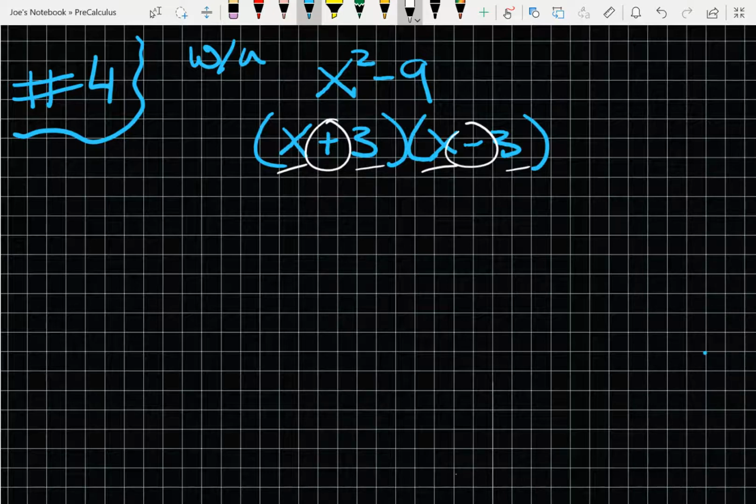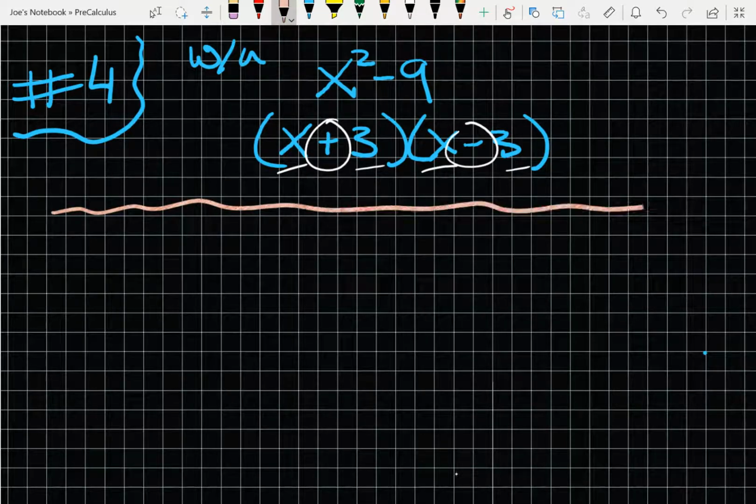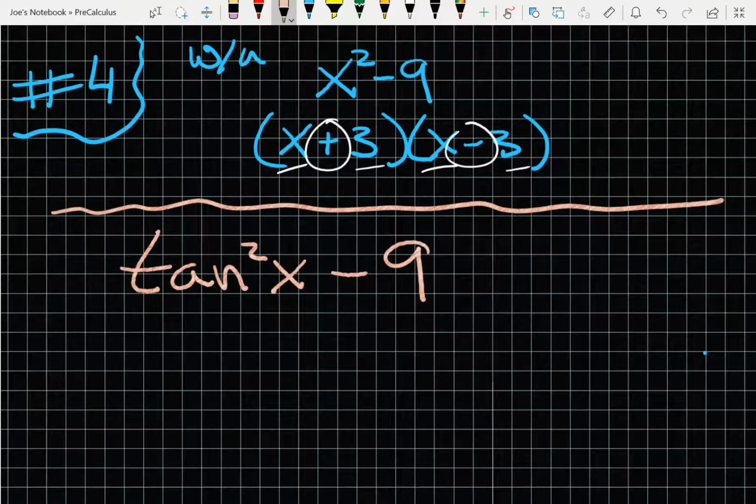Now let's take that and use the same technique. If I gave you something else that was squared, minus 9, we could deal with that in the exact same way. That is a difference of squares, a product of a conjugate pair. I've got the square root of my first term, tangent squared of x.